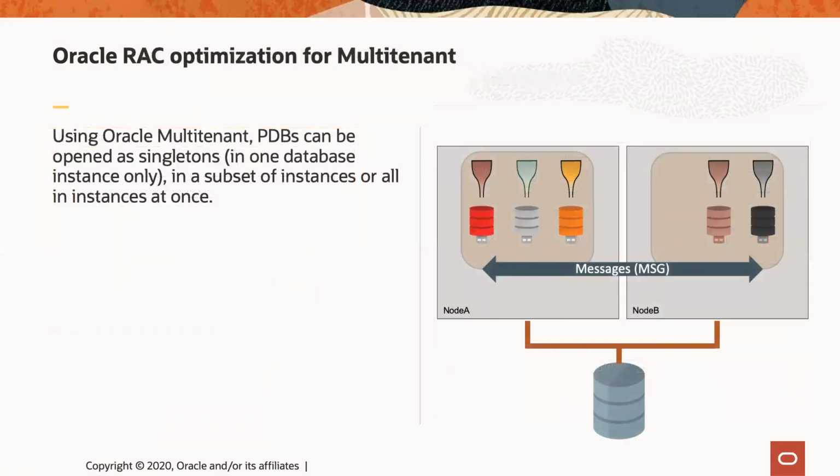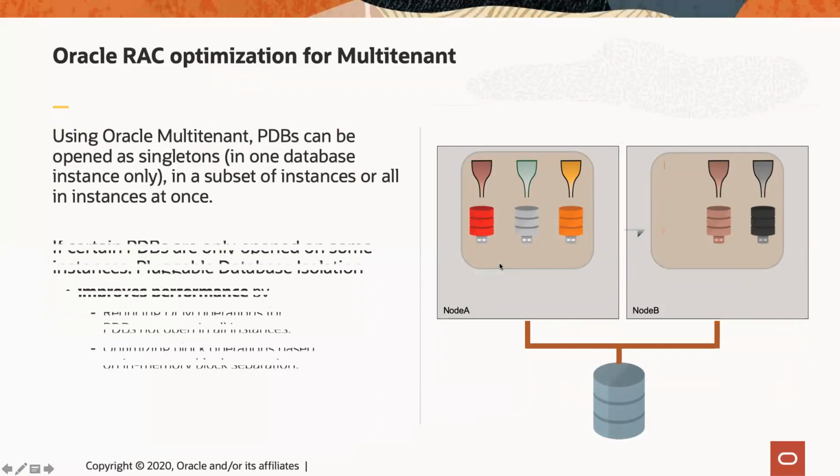This is also exposed in another way. Let's say you have multiple RAC instances running different PDBs, which obviously you do via services. Now, if you have messages coming from, say, node 1 to node 2, we send the messages in an efficient manner.